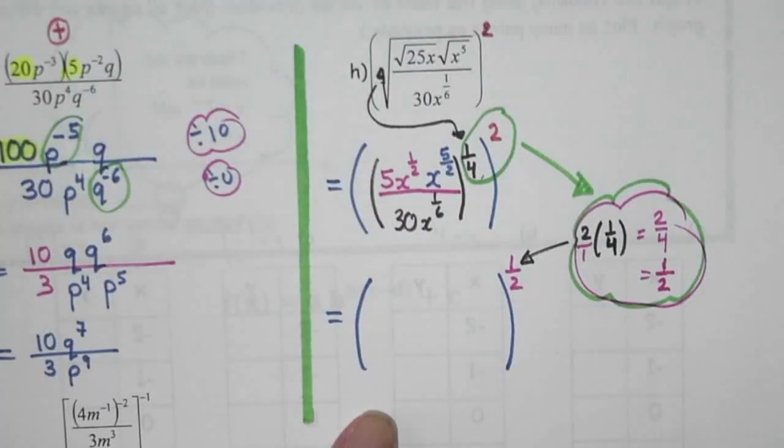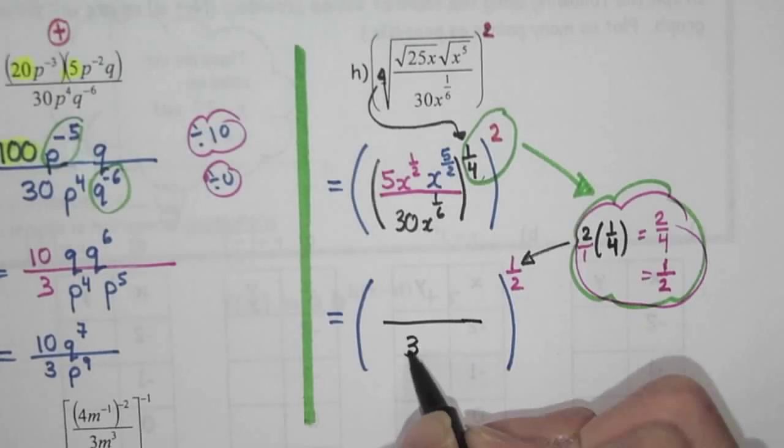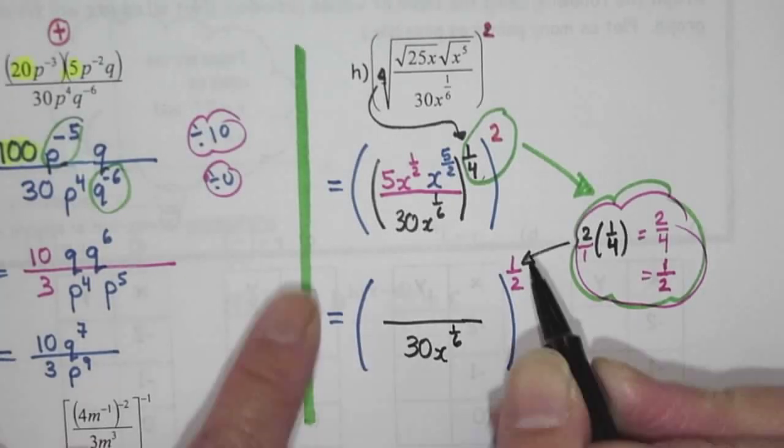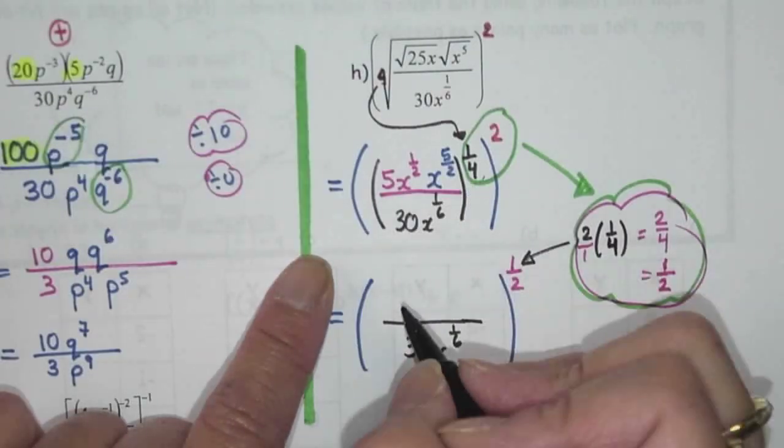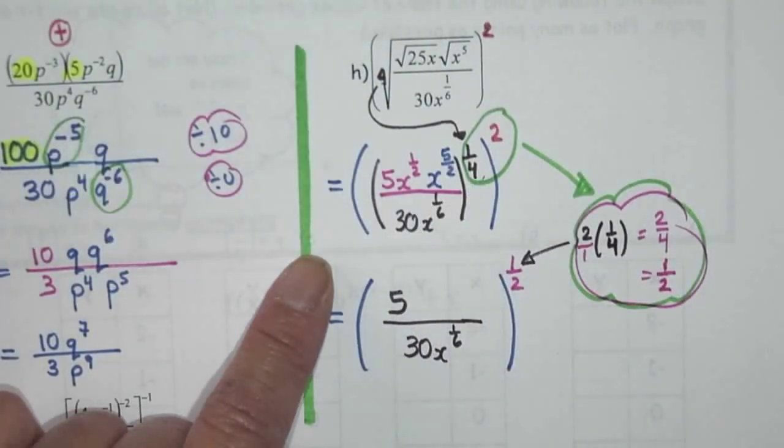Can I do more with that numerator? I think I can, right? The denominator is kind of set, so I'm going to leave that one alone. But in the numerator, I've got 2 x's, so I can add those. I'm going to add these two together.